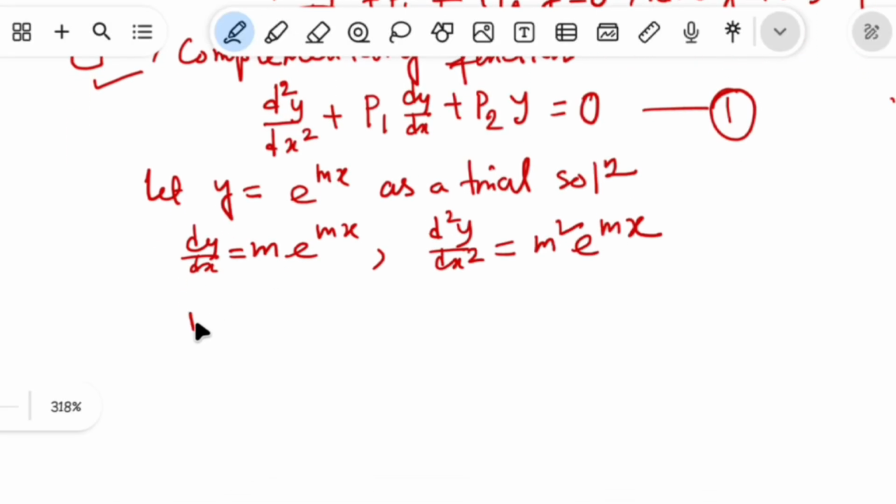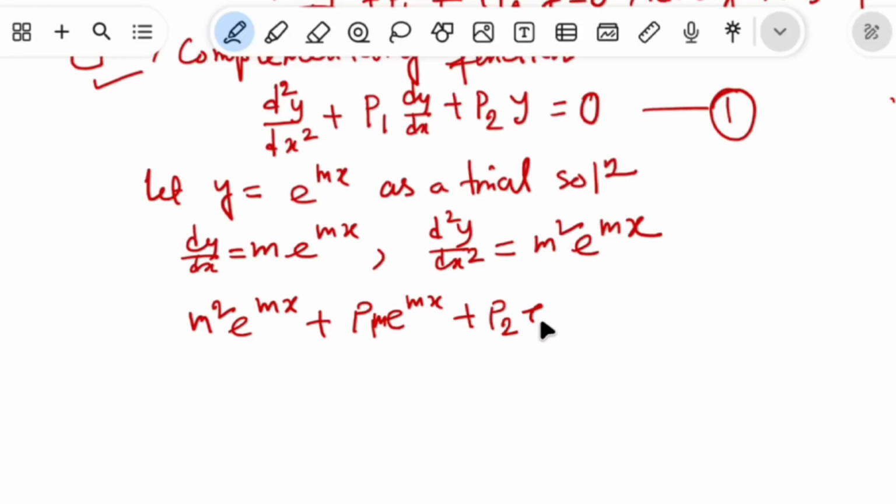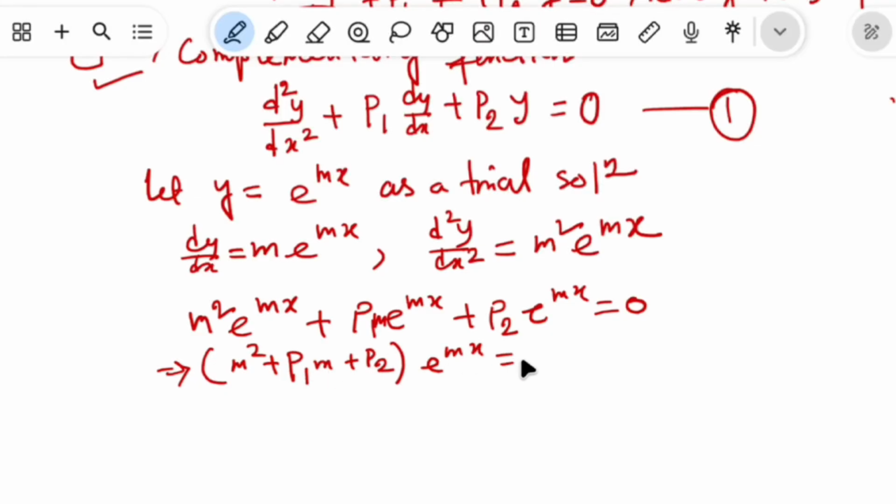So we are getting m square e^(mx) plus p1 m e^(mx) plus p2 e^(mx) equals to 0. So from here we are getting (m square plus p1 m plus p2) e^(mx) equals to 0.